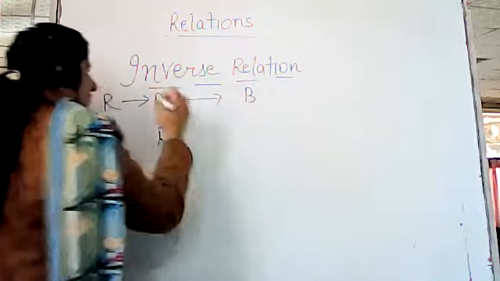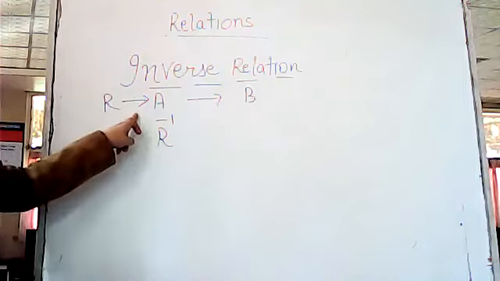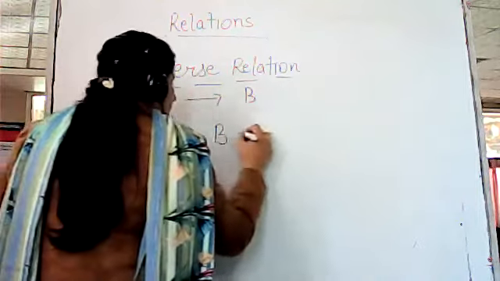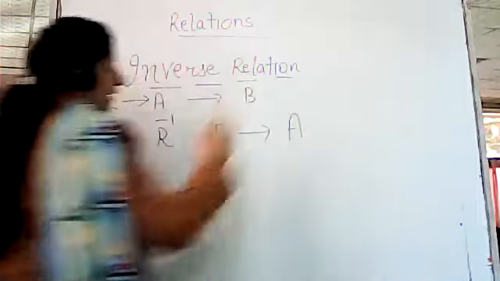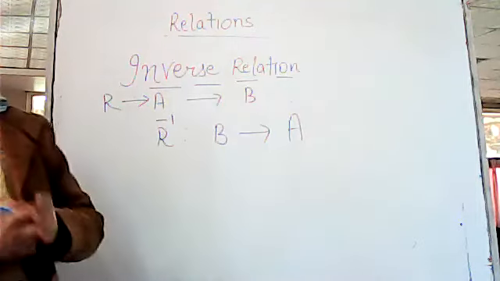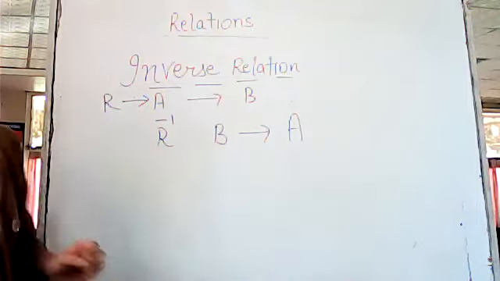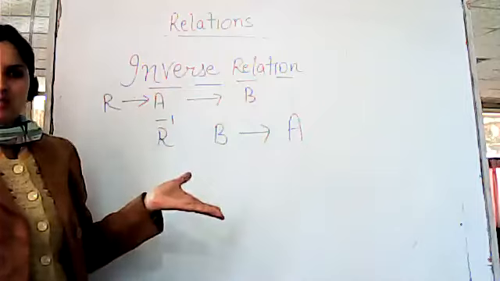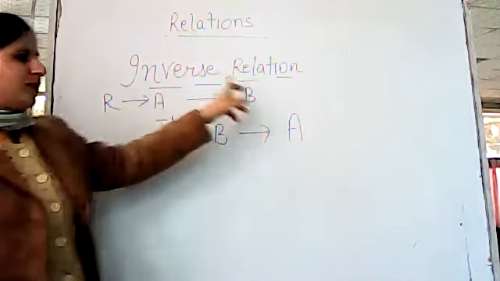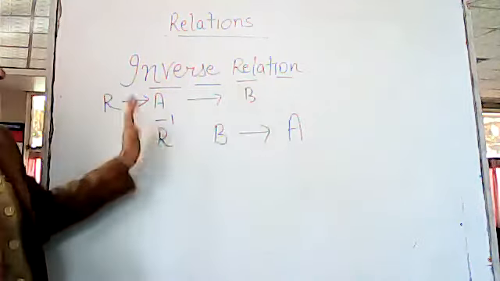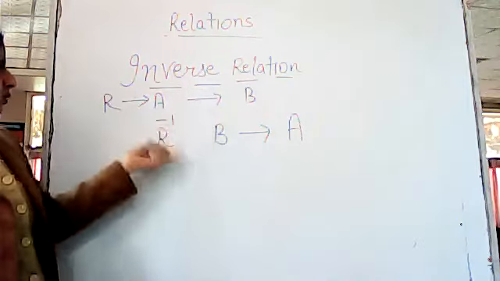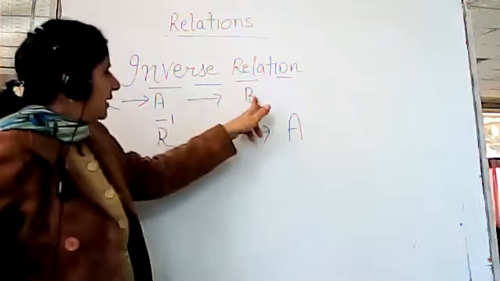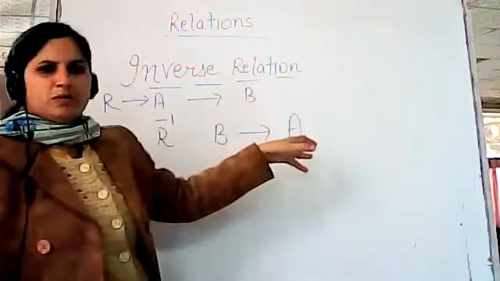Firstly, the inverse of any relation is denoted by R inverse, and this is a relation from set B to A. It means when we want to find the inverse of any relation, the positions of these 2 sets are interchanged. If R is a relation from A to B, R inverse is also a relation, but it is a relation from set B to set A.